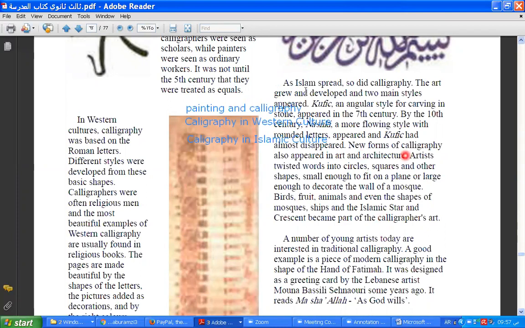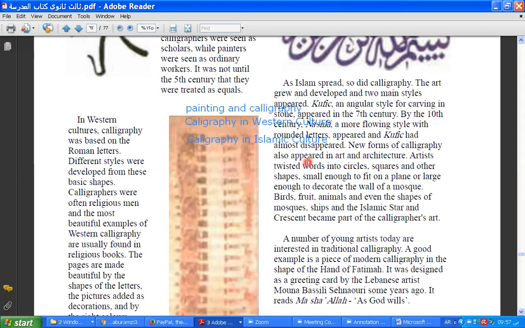As Islam spread, so did calligraphy. The art grew and developed, and two main styles appeared. Kufic, an angular style for carving in stone, appeared in the 7th century.